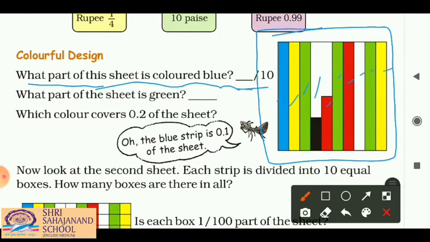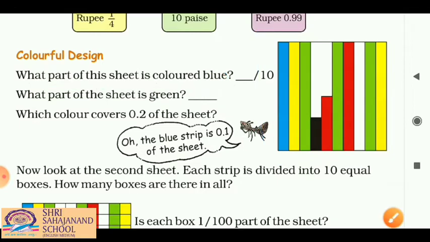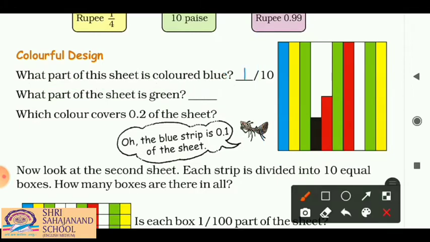So total 10 color strips we have, 10 parts. Now blue one is only one strip, one part, so we can write 1 upon 10. And here we will write 1. And as you all know, 1 upon 10 means 0.1 in the decimal form.